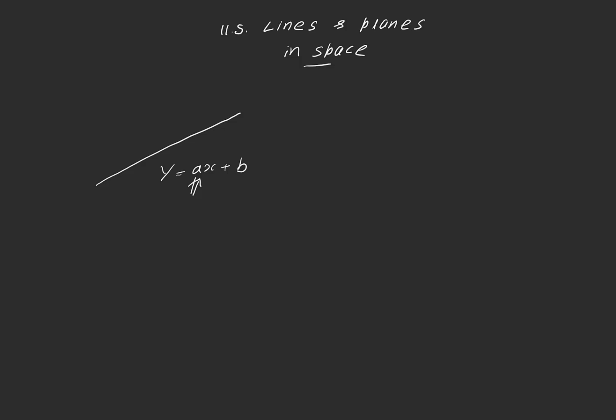How about in space? In space, we consider 3D: x, y, z. How do you find the equation of a line in space? It is more convenient to use vectors to determine the equation of a line.